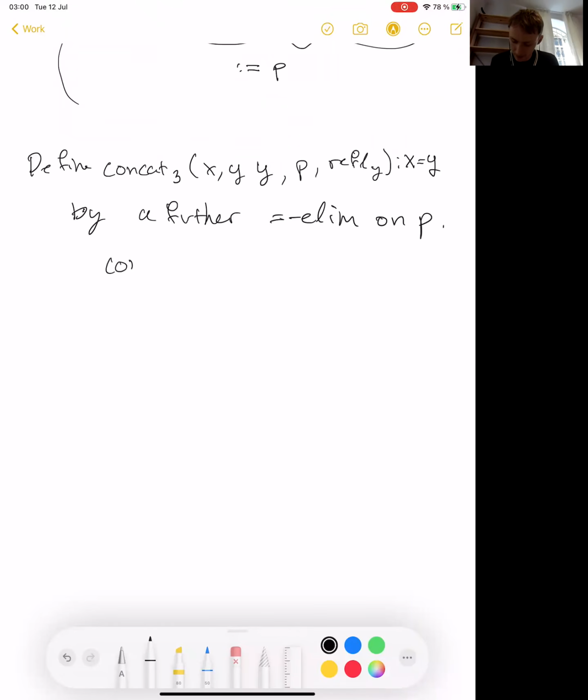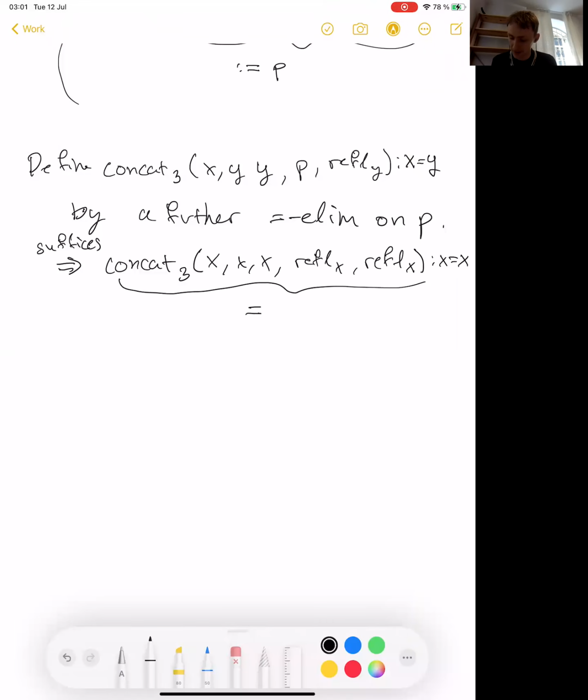So it suffices to define concat 3 for X, X, X, and refl X, and refl X. And this is going to be something of type X equals X. Well, we want to produce something of type X equals X, we just define this to be refl X.